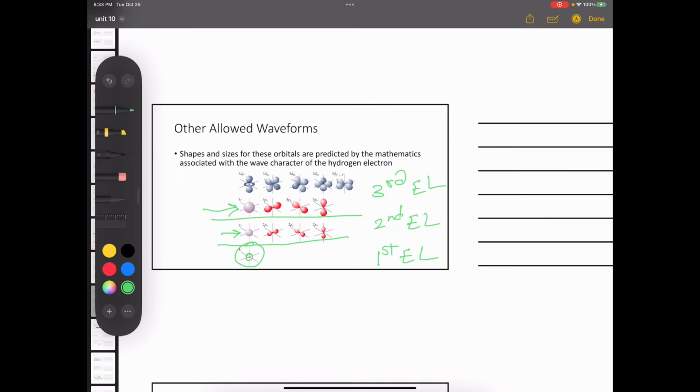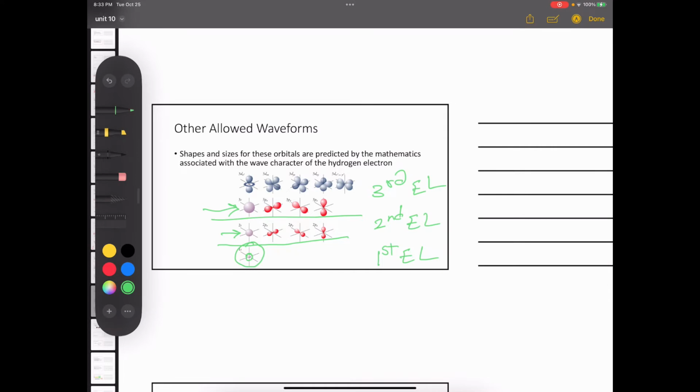So the orbital, the waveform, will have a bigger shape to increase the probability of finding the electron. When you look at the d orbitals, definitely more complicated and more complex, as you see here with the dxy, dxz, dyz, dz squared, and dx squared minus y squared.